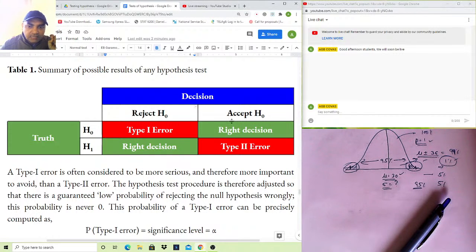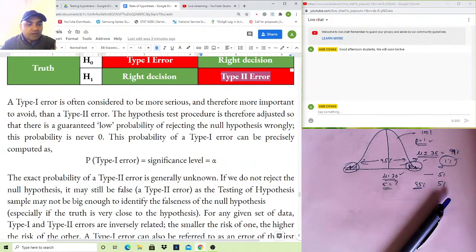But if your decision is to accept the null hypothesis when it is true, this is right. If your decision is to reject the null hypothesis when it is not true, when your alternative hypothesis is true, then it is the right decision. And if your decision is to accept the null hypothesis when it is not true, you are going to commit the type 2 error.